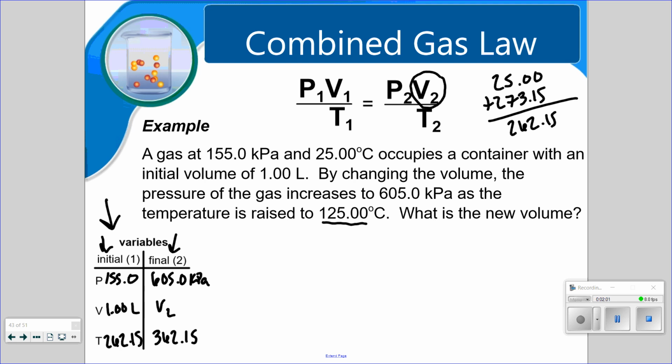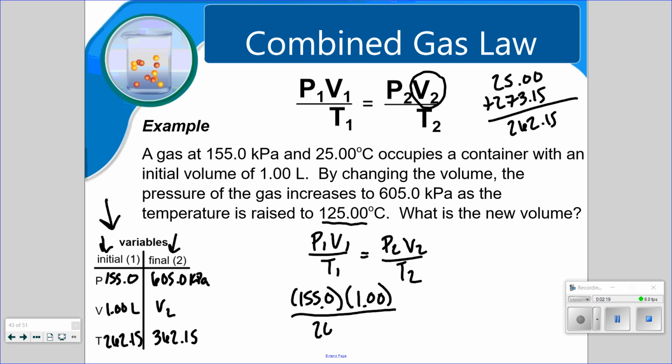So now I'm going to go ahead and plug and chug. I've got P1 V1 over T1 equals P2 V2 over T2. Plug in my variables. Plug in my volume. My initial temperature, 262.15. My pressure, 605.0. And note that I left V2 as a variable.